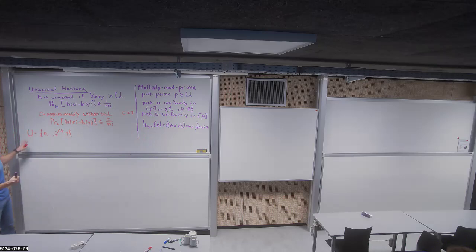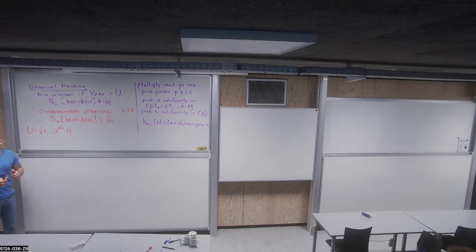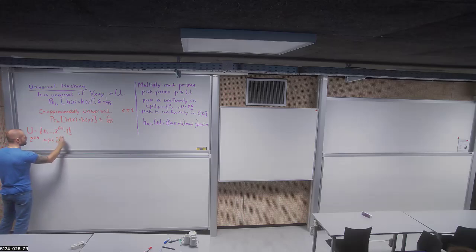There's a theorem saying that there's always a prime between u and 2u. So just to get an idea of how big these numbers are, you can find some p between 2 to the 64 and 2 to the 65. So it suffices with 65 bits to describe it.